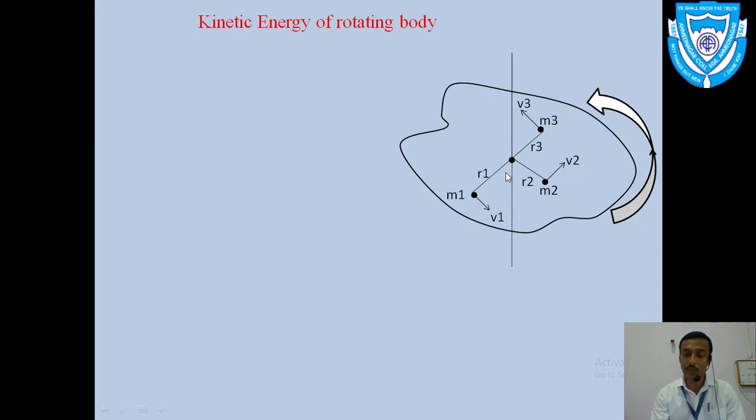Now if the rigid body rotates, the particles of masses m1, m2, m3 are in circular motion. The distance of mass m1 from the axis of rotation is r1. Similarly for mass m2 the distance is r2, for mass m3 it is r3, and so on. So the particles of masses m1, m2 are situated at different distances from the axis of rotation.